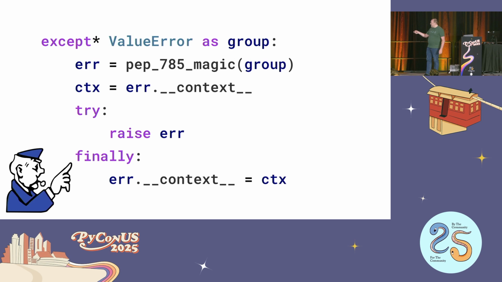Then we record the context currently attached to that error, which might be none. Then we try raising the exception, at which point the interpreter, just before the final loop block, helpfully replaces the original context. And then finally, we go back and re-replace the context with the original context. All make sense? Yeah, I did say it was kind of cursed.